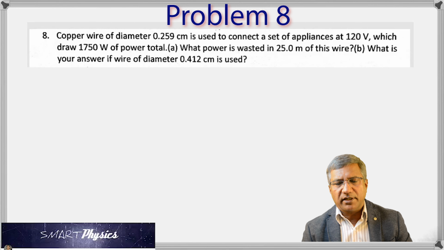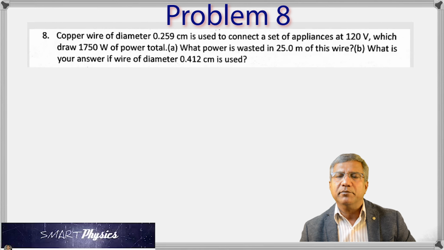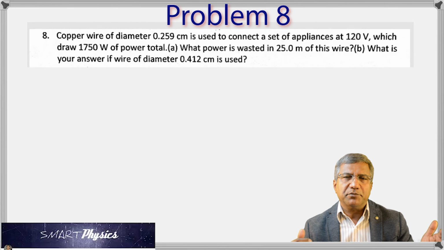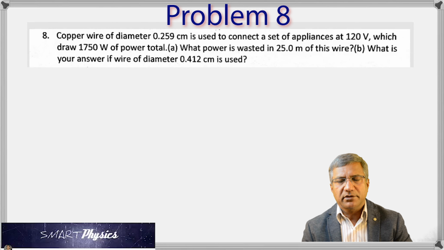What is your answer if the wire of diameter 0.412 centimeter is used? Something that we don't realize in real life is that if you use a long extension cable to connect something, we are wasting power. Because heat is produced in that extension cable, and the longer the length of the extension cable, the more the heat produced.